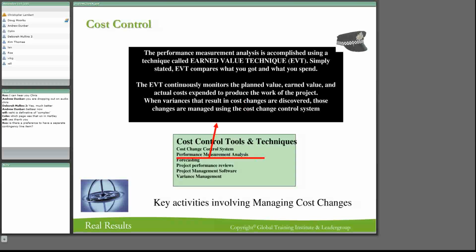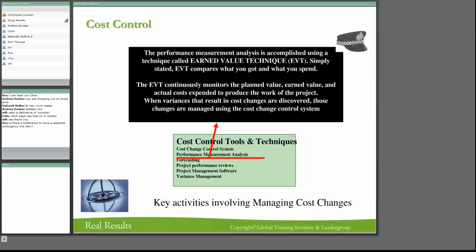Then the second one is your performance measurements. There is a technique for that one. The technique that you're going to use is what they would often call the earned value technique, or EVT. So what's the value of this project to the organization?